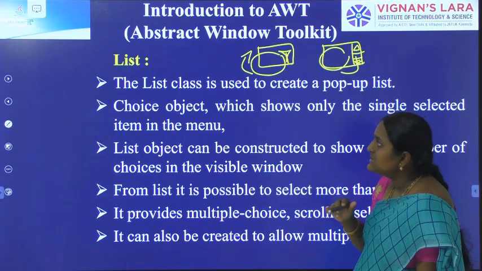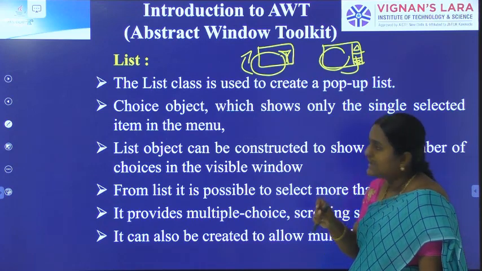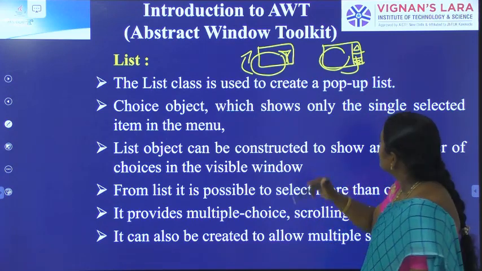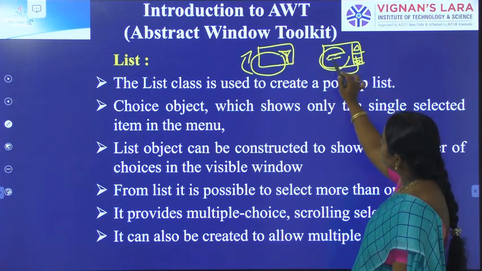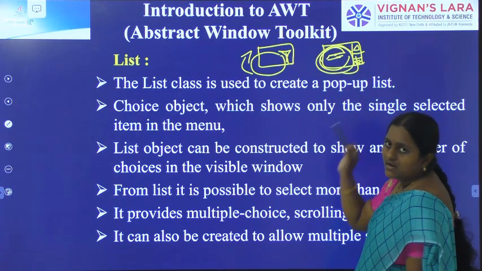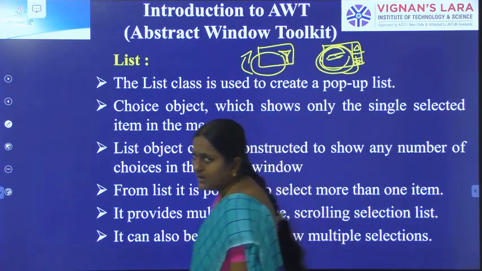Choice means only a single click, but list means a double click. Whenever we scroll down, multiple elements are there, out of which we can choose one item. A number of items are visible and will be displayed on the menu.